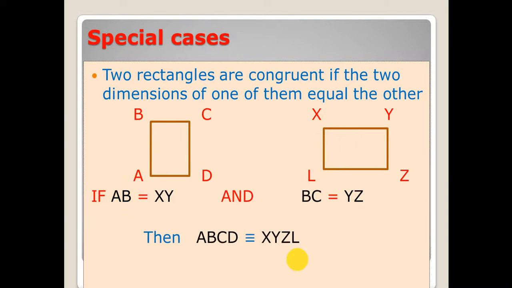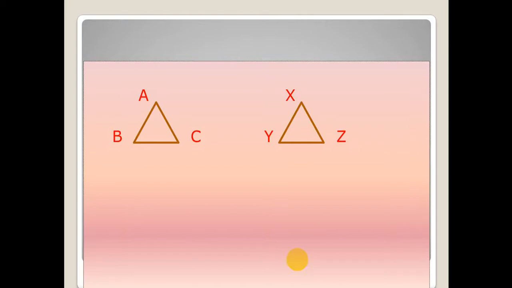In the square we have one side. In the rectangle we have two dimensions: length and width. In the triangle, if AB equals XY and AC equals XZ and BC equals YZ, then the two triangles are congruent.